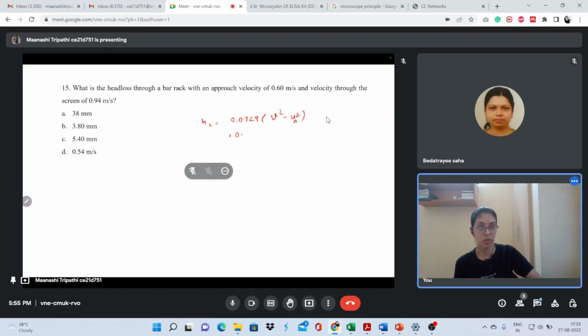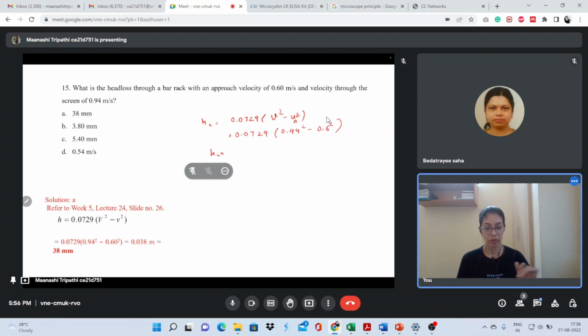So 0.0729 into (0.94 square minus 0.6 square). Whatever we get will be the head loss. So the solution is 38 mm. This is the correct answer.